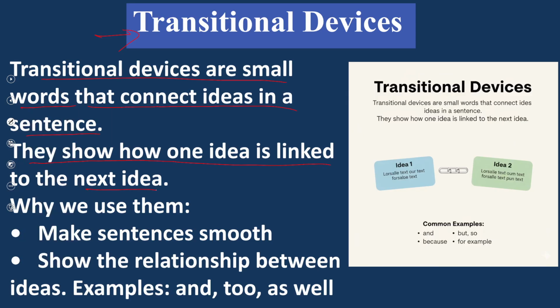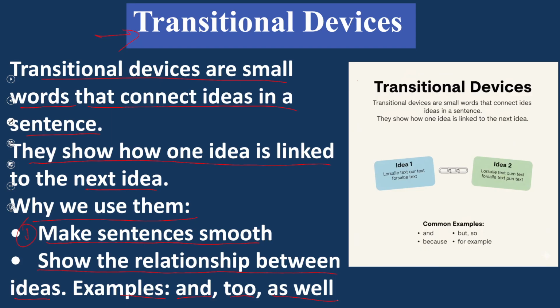Why do we use them? First, they make sentences smooth and show the relationship between ideas. Examples: and, to, as well as. These are called transitional devices.